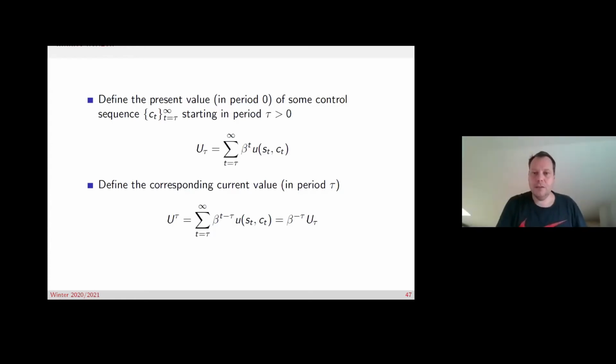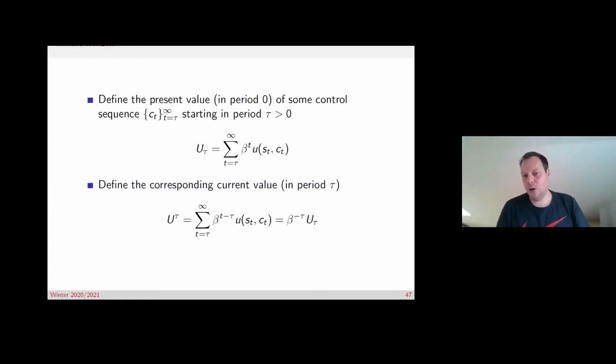So this is the present value of a control sequence starting in tau. You are in 0 and you think about what would be your best control path in 5 years, and how do I value that?